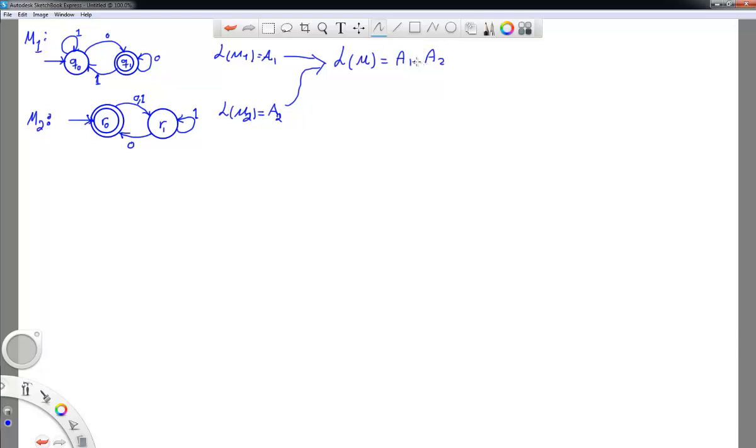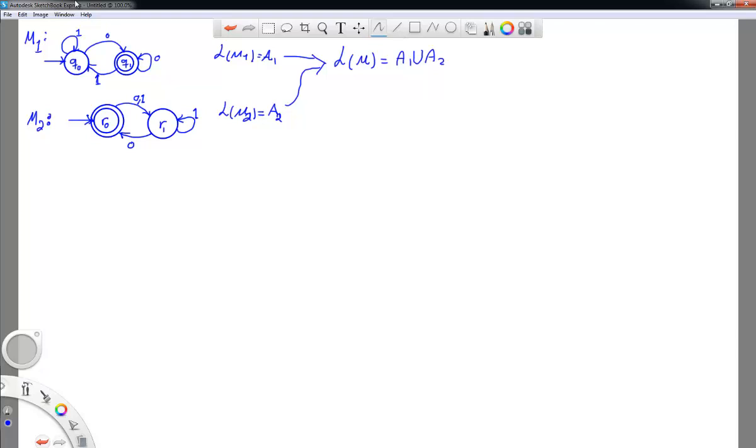So from theorem 125, I already know that the set of regular languages is closed under the union operation, which means that not only is the union of the two languages a regular language, I can build an automaton that would recognize it. The way that I showed you and I proved the theorem was by constructing the automaton for the union language.